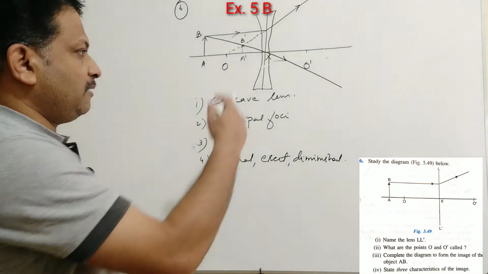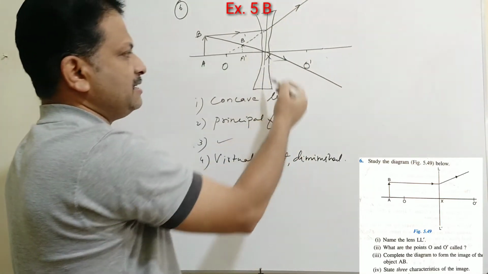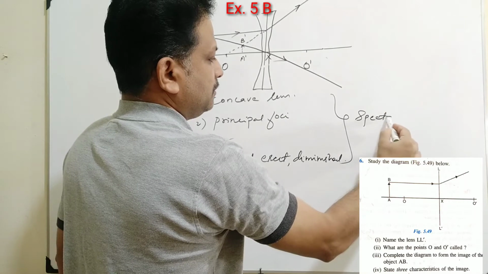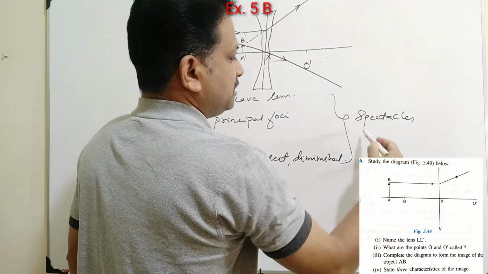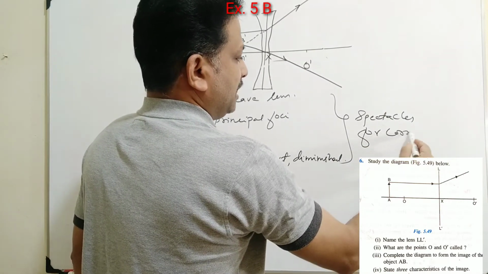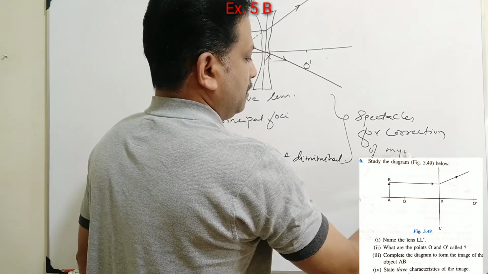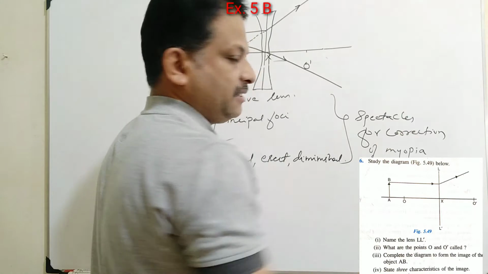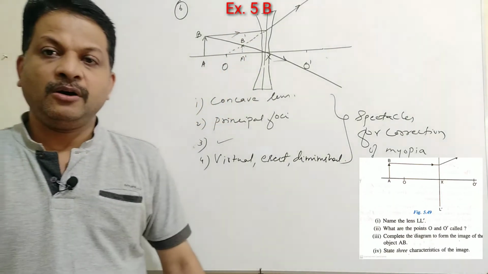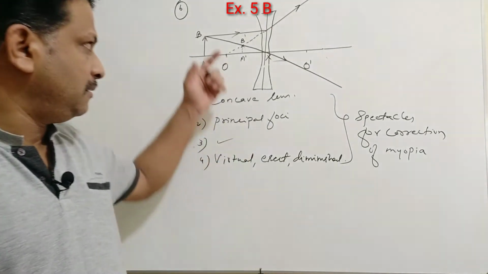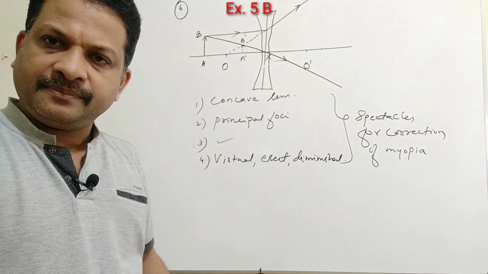So I can write, this type of lens, concave lens in this manner is used in spectacles for correction of myopia, one of the eye defects seen in children, myopia or short-sightedness. Clear? Okay. So you got the points clear?